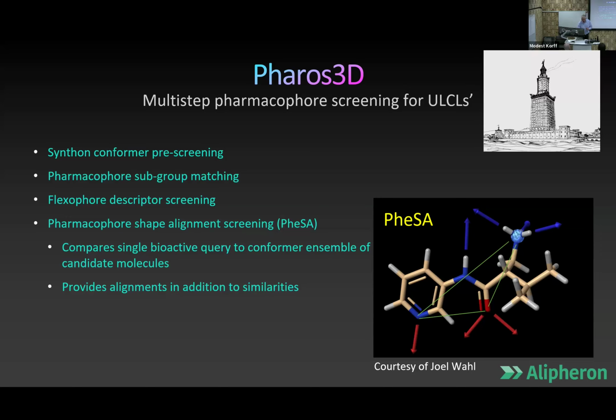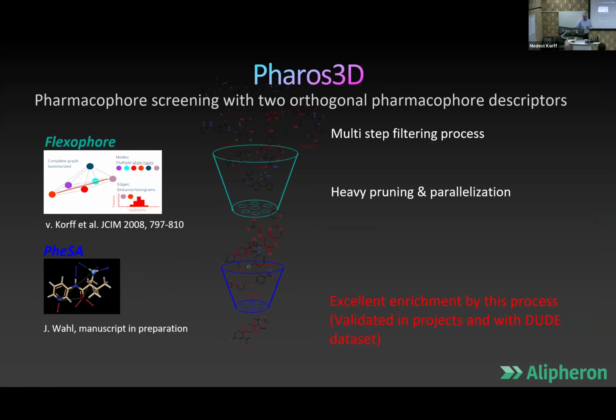I will show you some results at the end of my talk. So we have two descriptors, the Flexifor descriptor and the feather descriptor, a multi-step filtering process with heavy pruning and parallelization. The result is the combination of these descriptors, which behave orthogonally.